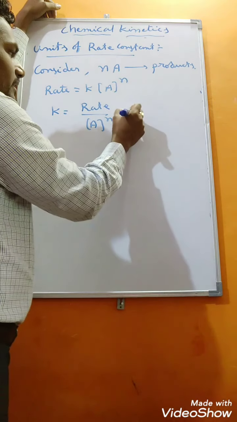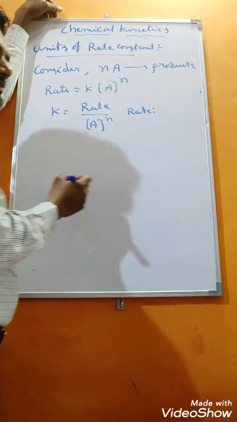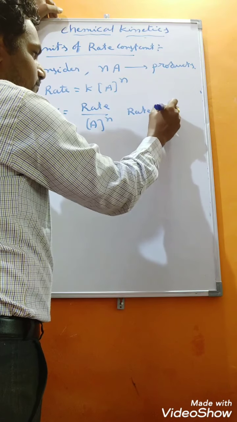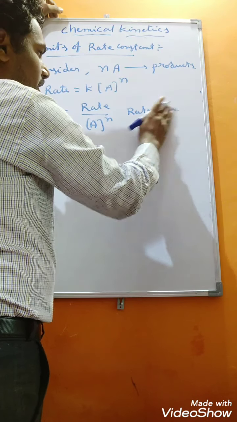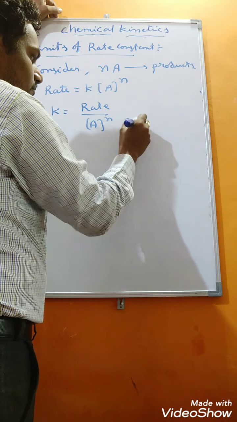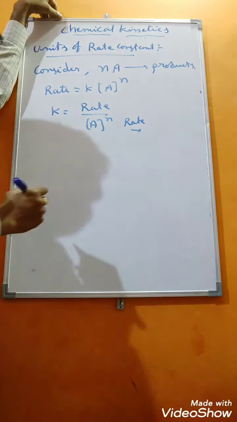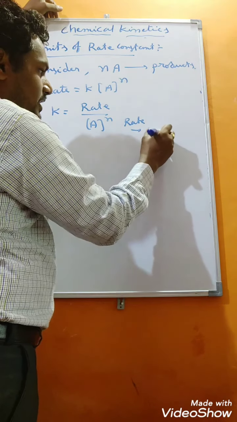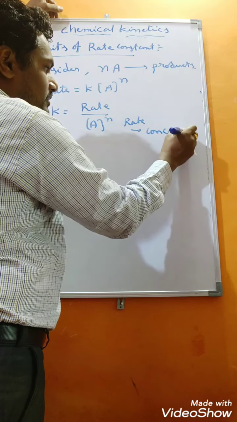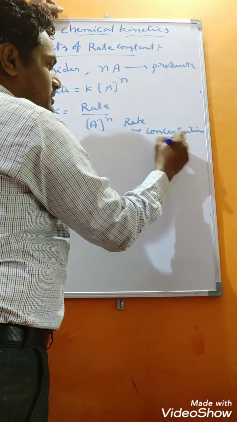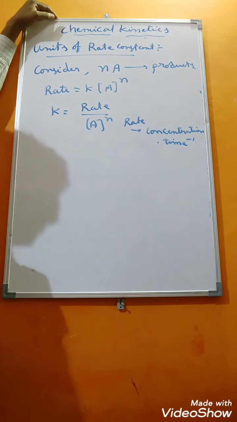What are the units of rate, students? Already we have discussed. Rate units are change in concentration by change in time, right? Concentration time inverse is the unit of rate, right, students?